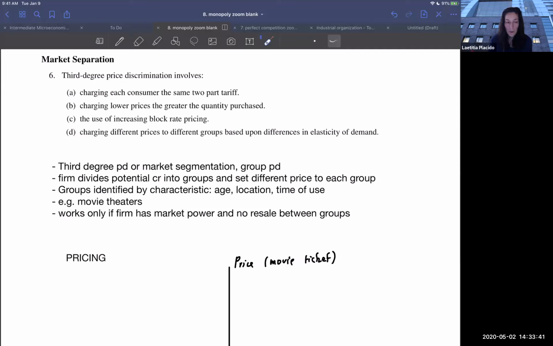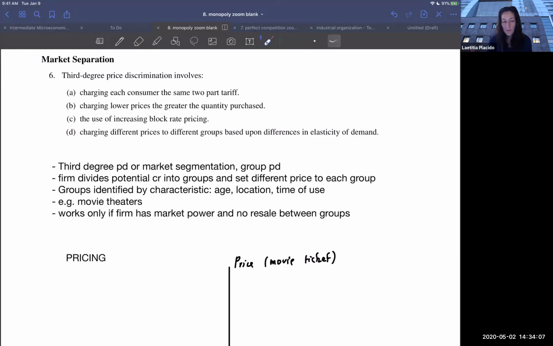Okay, so how can the firm divide the population between groups? Well, it will have to do so based on some observable or verifiable characteristic. So for instance, it's going to sort people based on age, or based on where they live, or based on when they are going to use the good.